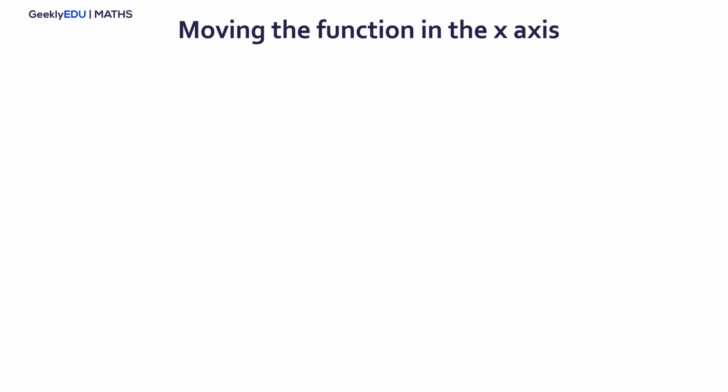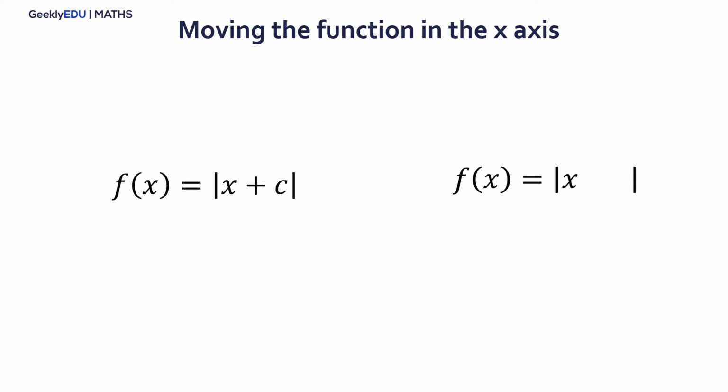We can also move the absolute value function to the right or the left in the x-axis. For example, f of x is equal to the absolute value of x plus c. In this case, our function will be moving to the left, and it will move to the right when f of x is equal to the absolute value of x minus c.